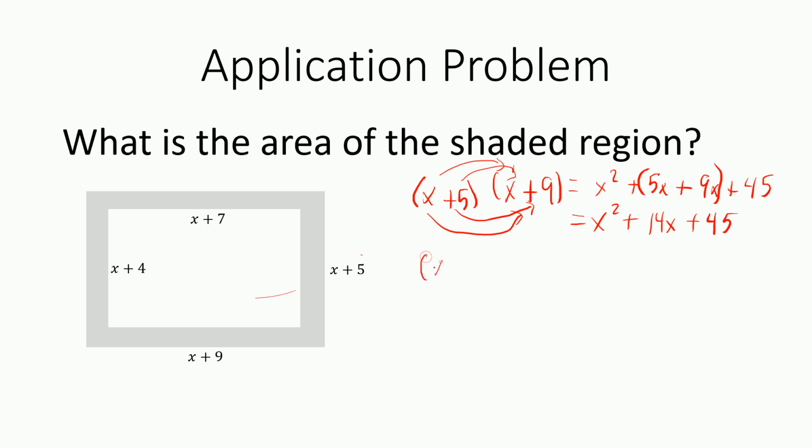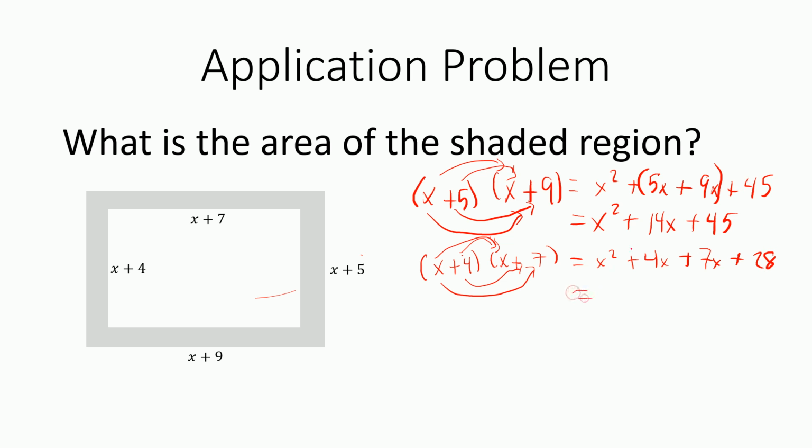So the smaller one is then x plus 4 times x plus 7. Same thing, x times x, 4 times x, x times 7, 4 times 7. So now we got x squared plus 4x plus 7x plus 28.